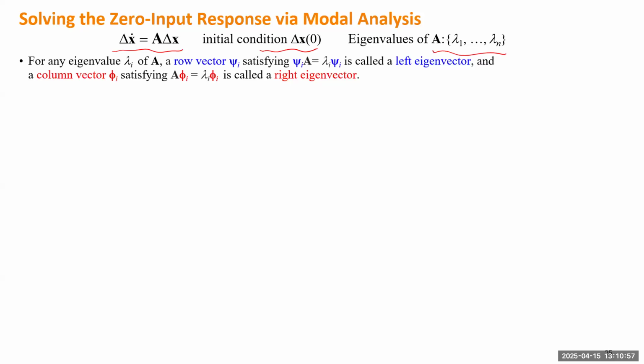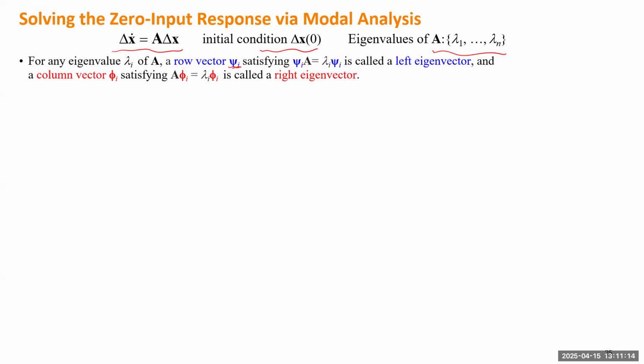That's the definition of an eigenvector. But because we assume this vector is a row vector, we call it a left eigenvector. So usually we use the letter psi. Psi just means it's the left eigenvector of the ith eigenvalue.